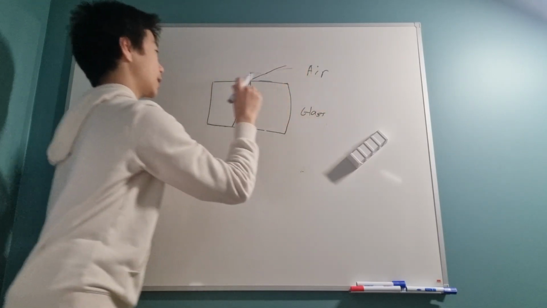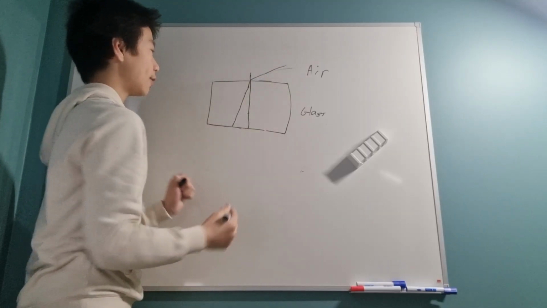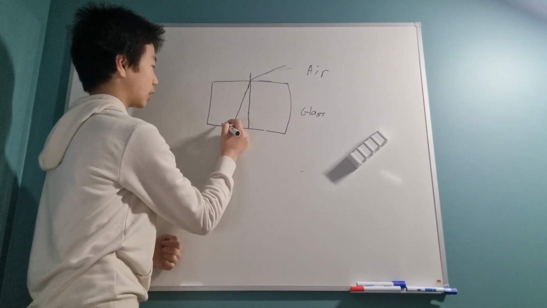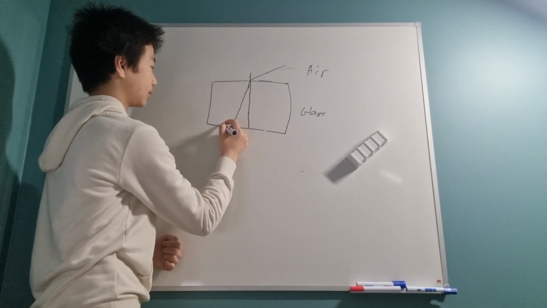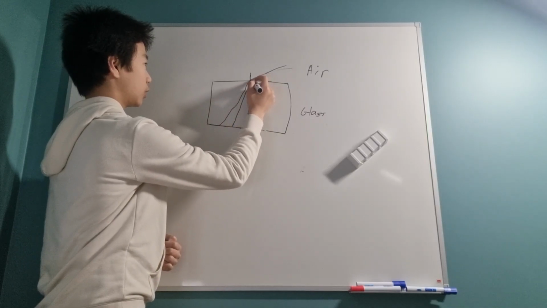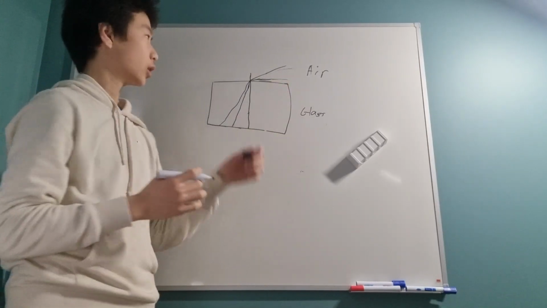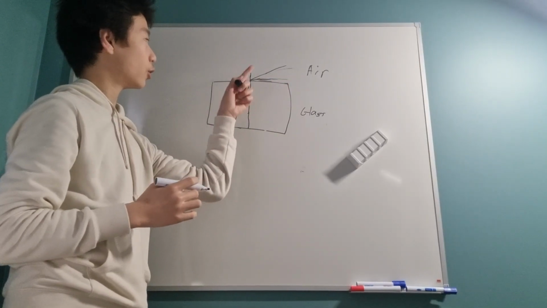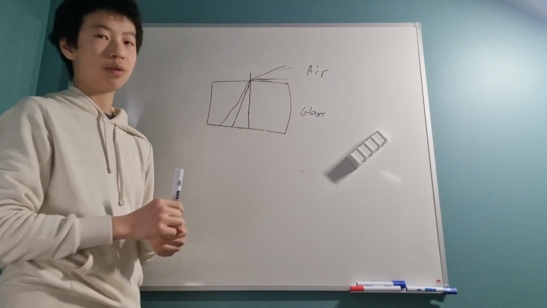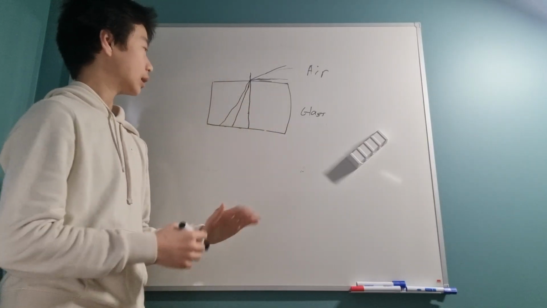It's bending away from the normal. If we continue, we have another incidence angle over here. You will notice that the angle seems to be moving further away from the normal. The ray seems to be moving away from the normal again.